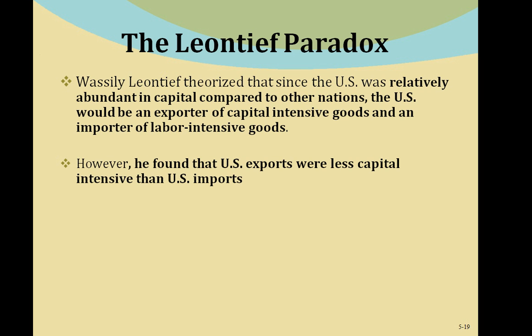However, we look here. The U.S. would be an exporter of capital intensive goods. Still remember what is capital intensive? Meaning that they use more machines, while labor intensive uses more labor. Let's say in order to produce a car, Proton company is capital intensive because their machines are more than 50%, around 60-70%, only 30% man.